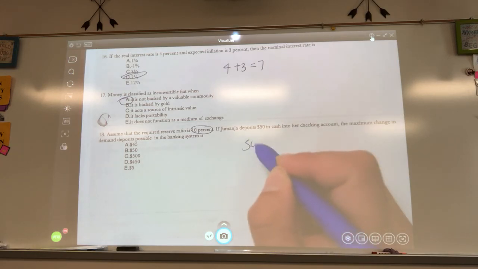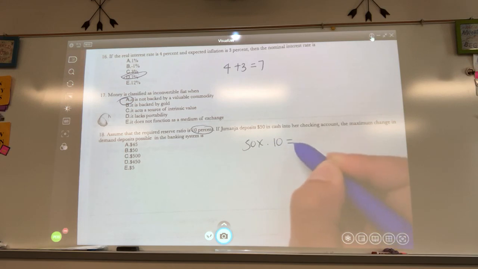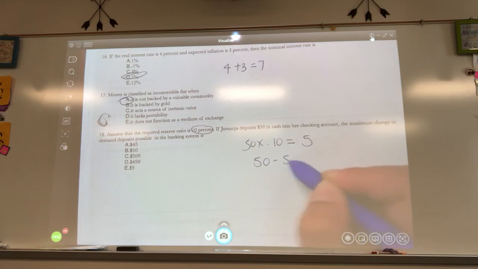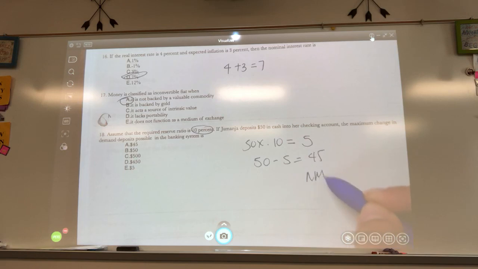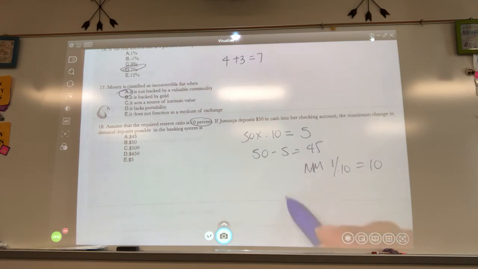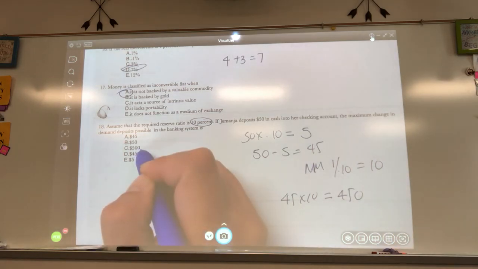Okay, 50 times 0.1 gives me what? 5. 50 minus 5 gives me 45. What's my money multiplier? 1 over 0.1 gives me 10, so now what do I do? 45 times 10 gives me how much the money supply increased in the banking system. Is that an answer? D, right?